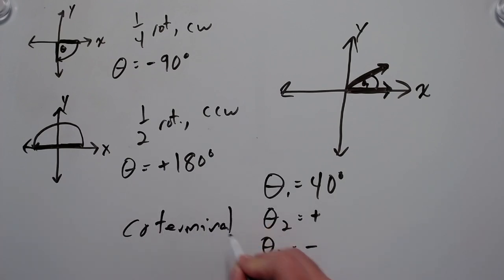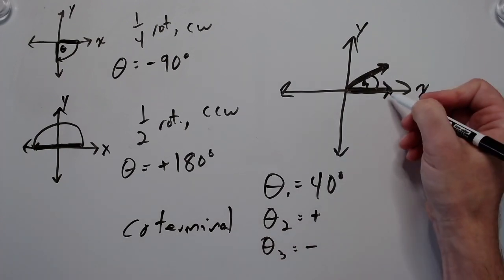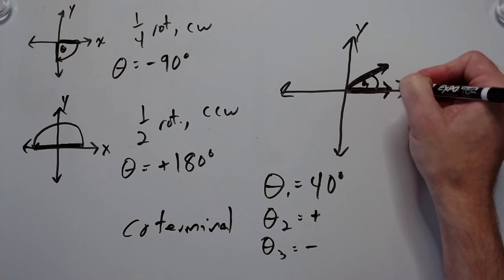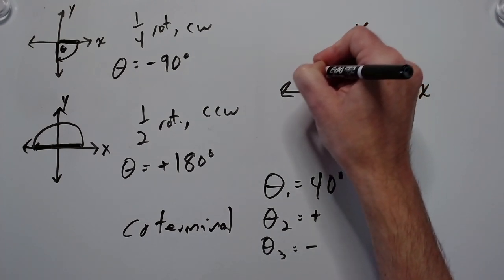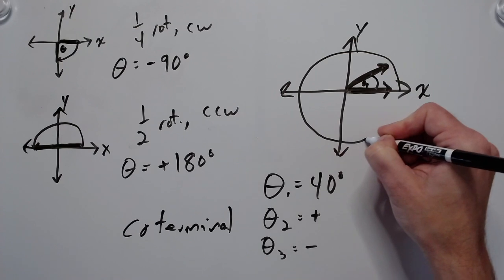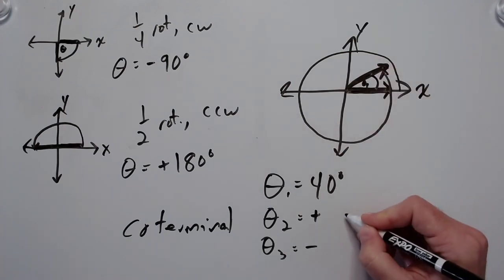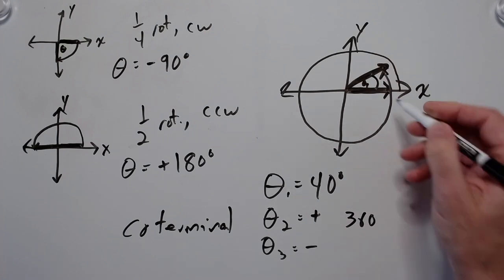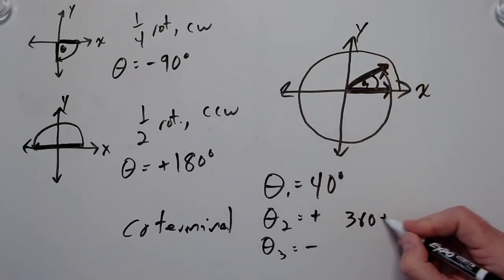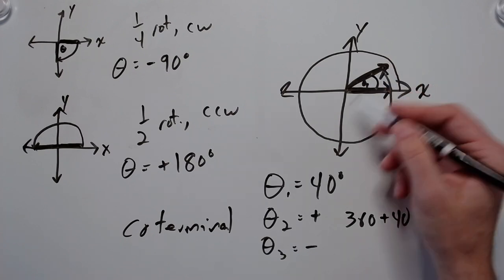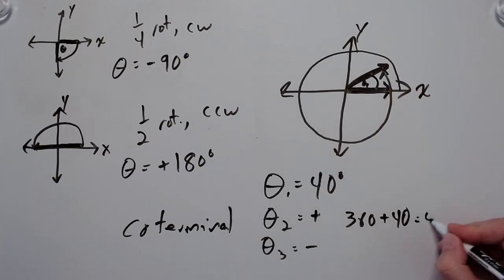So if we start here in our standard spot and we want to rotate, we're going to have to go around past the 40, all the way around, and then end up at the 40 again. So in this case, we did 360. We went around the circle once, and then we added 40 to get back to this angle here to be coterminal. So this one is 400 degrees.